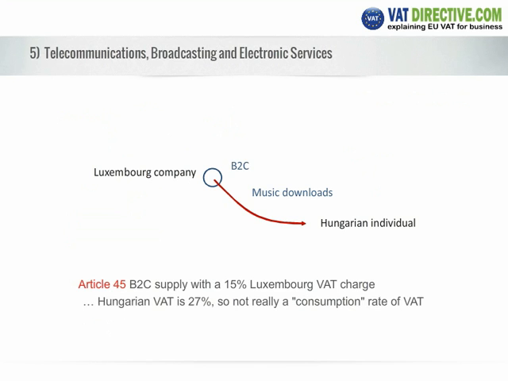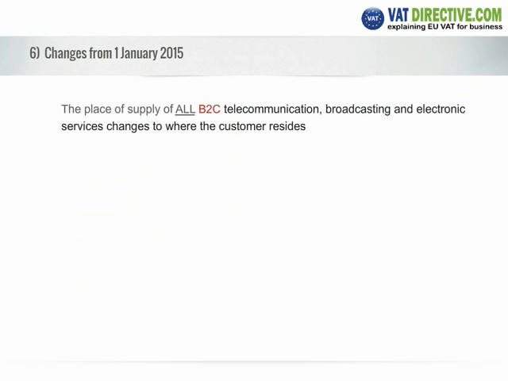So that's why from the 1st of January 15 there are changes to these rules. It will be changing from a supplier-based rule to a customer-based rule. Now this, I won't say unfairness, but this discrepancy in equal competition or fairness of competition has prompted changes from the 1st of January 2015. Now, the place of supply of all B2C telecommunications, broadcasting and electronic services changes to where the customer resides.